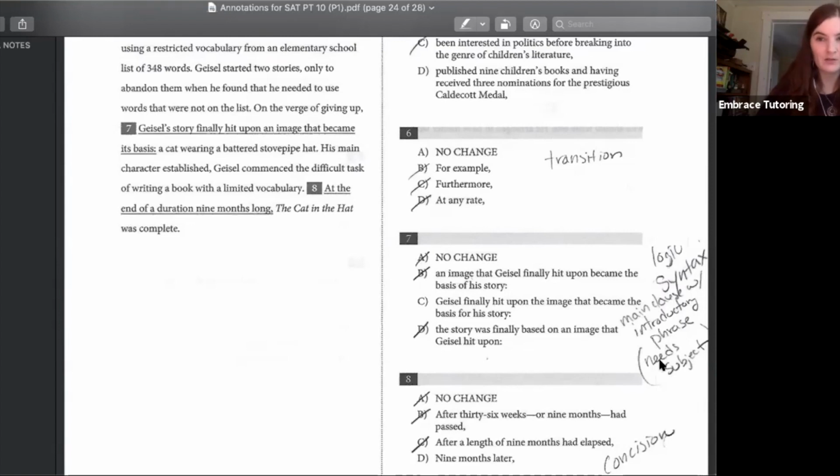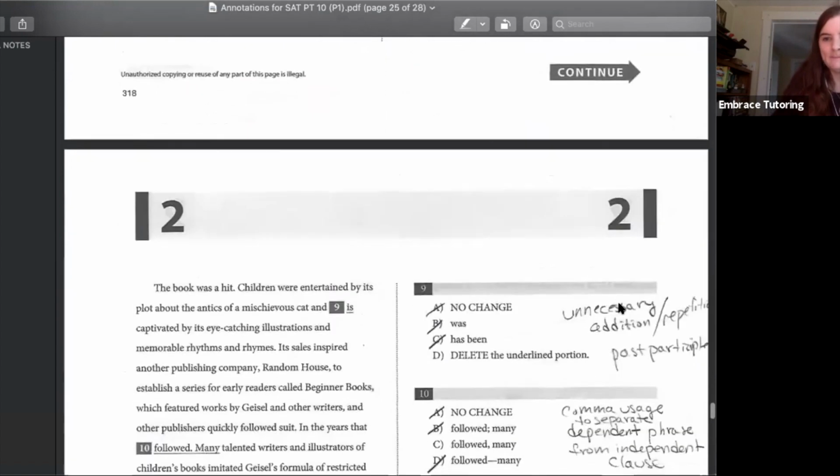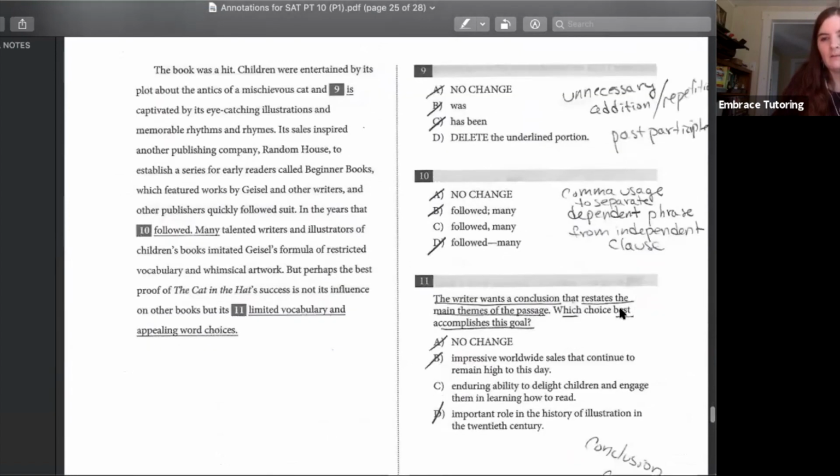Does it have a predicate? Do you know what those mean? Do you know whether it's a complete thought or idea? Why? Why not? Unnecessary addition, repetition, past participles, comma usage to separate dependent phrase from independent clause.